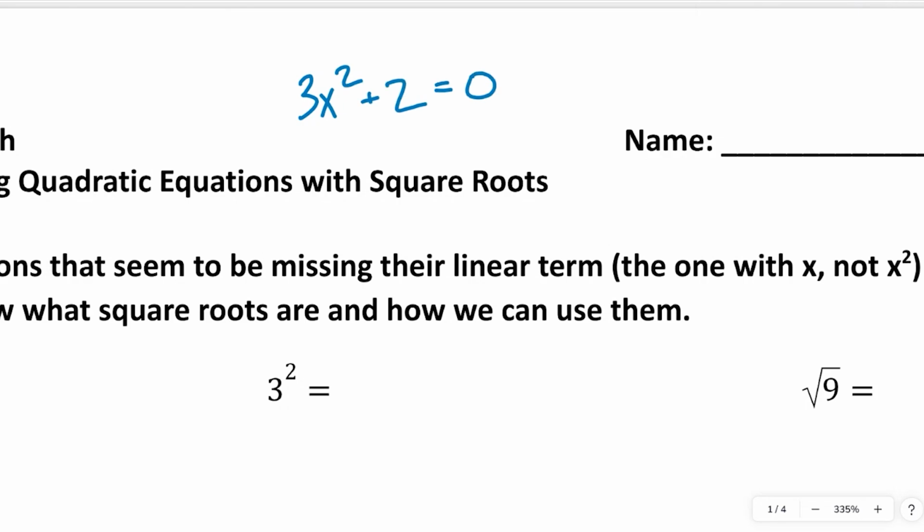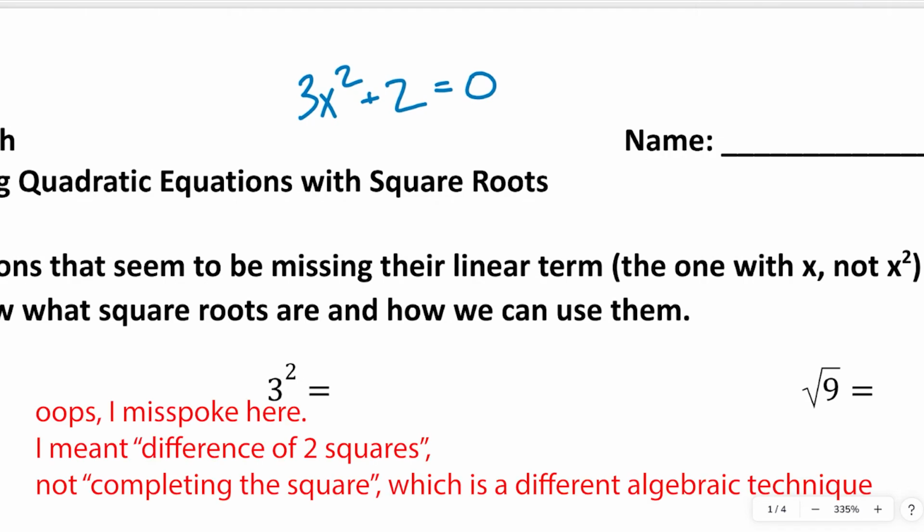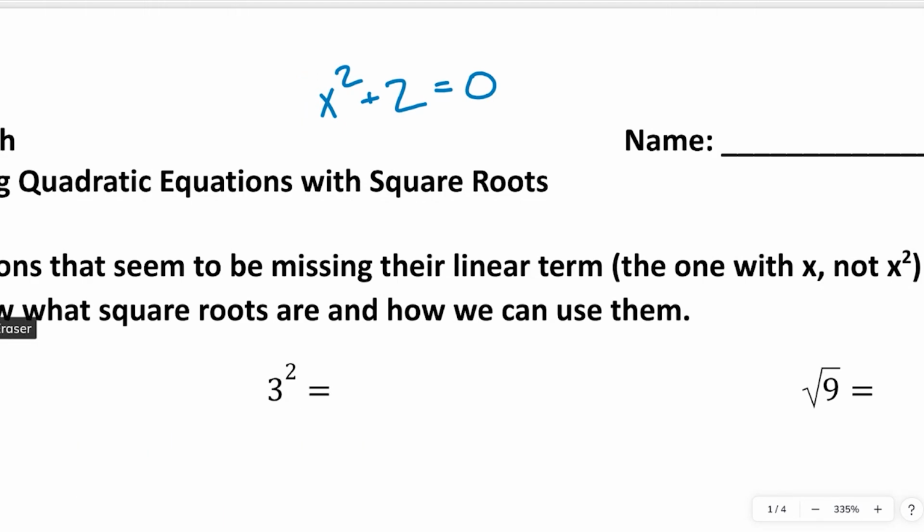We did have, when we were factoring, a technique called completing the square that we used when things were in this form, but completing the square really only is useful if both terms are perfect squares. So that difference of two squares could have worked if you have something like 4x squared minus 25 equals 0.